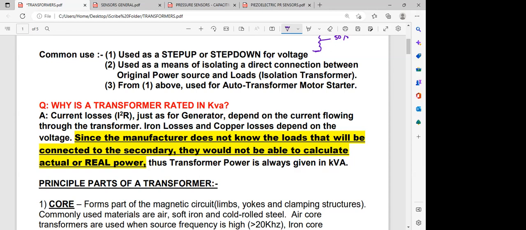The simple reason is because the manufacturers of those generators and the manufacturers of the transformers do not know what the loads are going to be connected to the transformer or to the generator. If they knew what the loads were, then they would be able to calibrate their equipment to give you in kW. kW is real power.